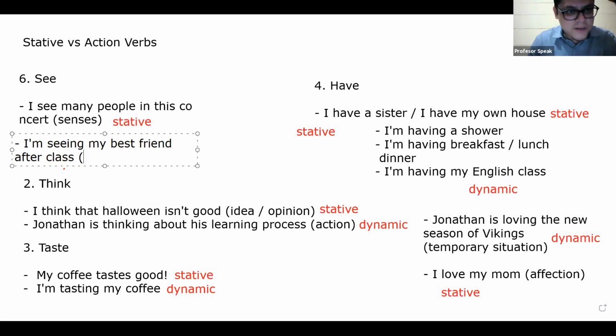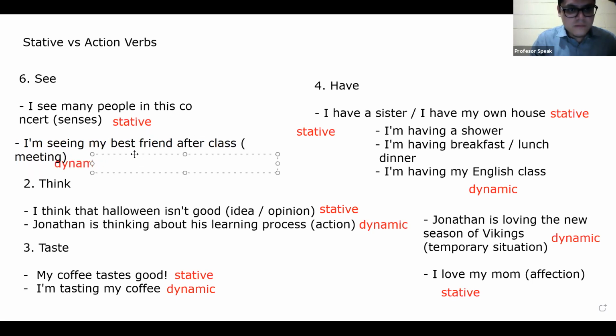So what are you talking about? You're talking about meeting. Okay, that you have a plan with your best friend after class, and you're going to meet your best friend after class. So in this case, you can use a dynamic verb.